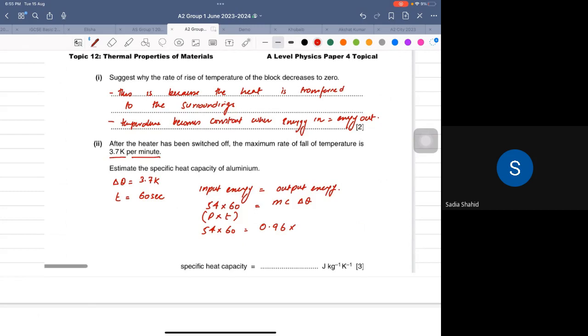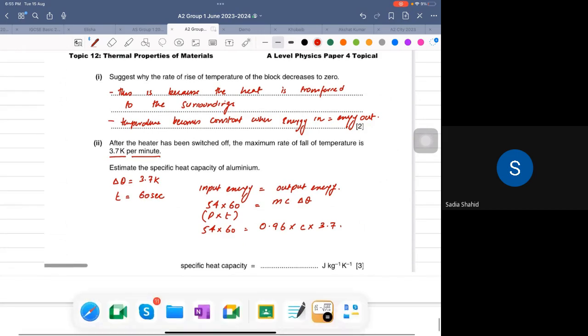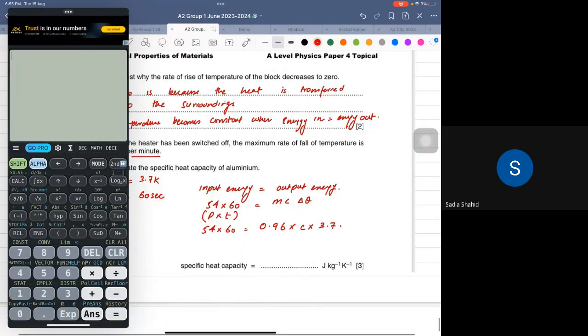This is heat capacity, which is going to be C, and this is going to be 3.7. Right. So then 54 times 60 divided by 0.96 divided by 3.7, and the heat capacity comes out to be 912 joules per kg per Kelvin. Any questions here? Please let me know.